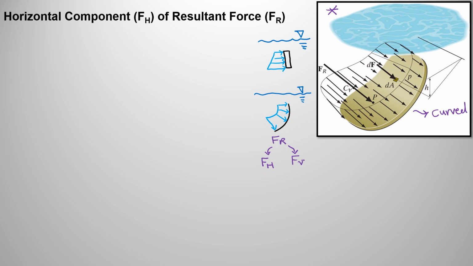All right. To do that, we need to consider a very, very small patch with the area of dA, right? So I'm going to exaggerate its size and draw it over here. This is the small patch dA.